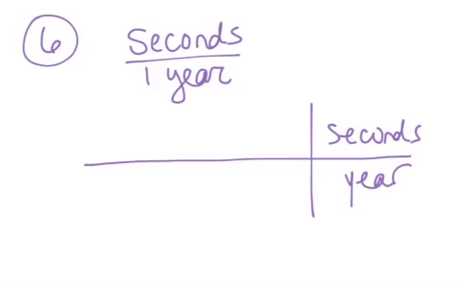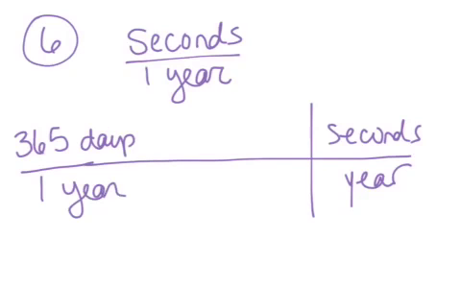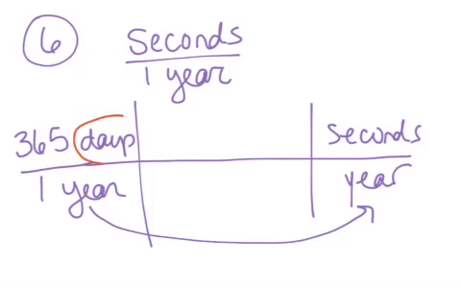Well, I know that we've got 365 days in 1 year. I do not want that year to cancel because I want it to still be here. But I do want days to cancel.